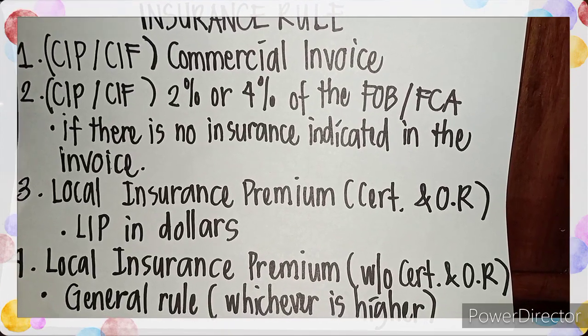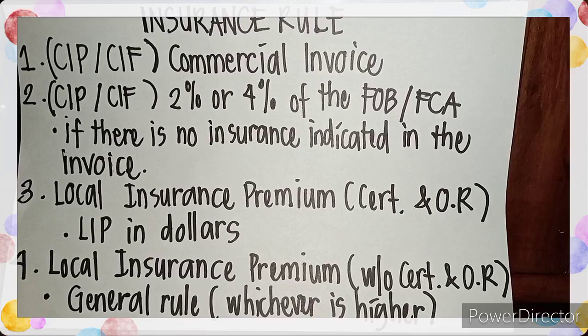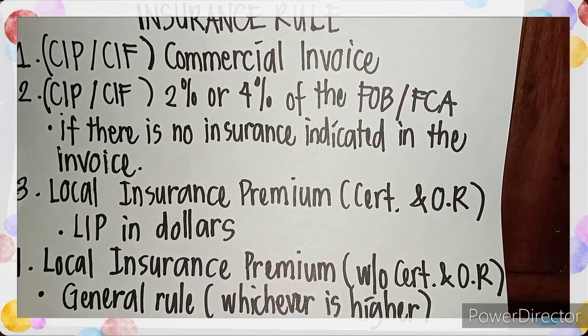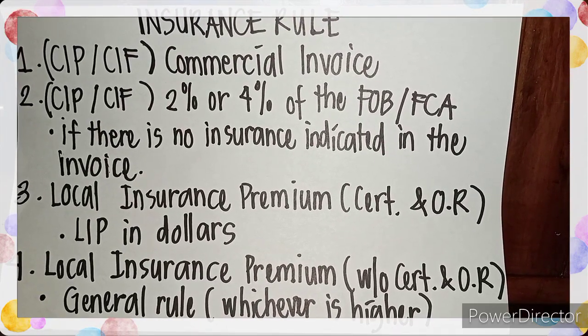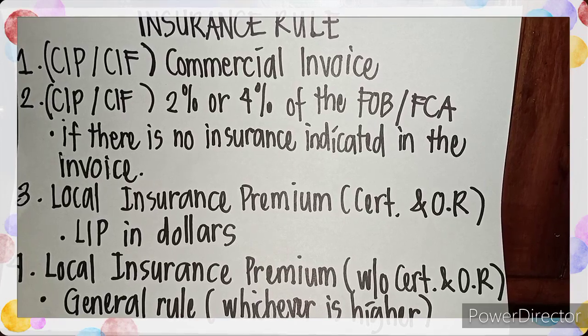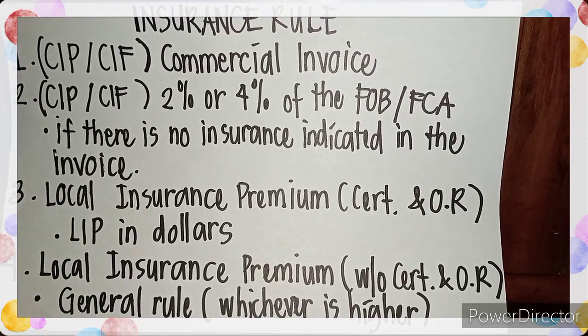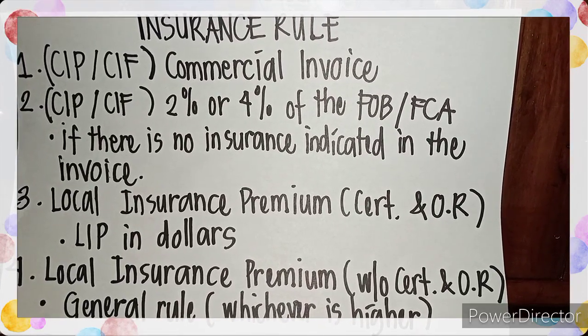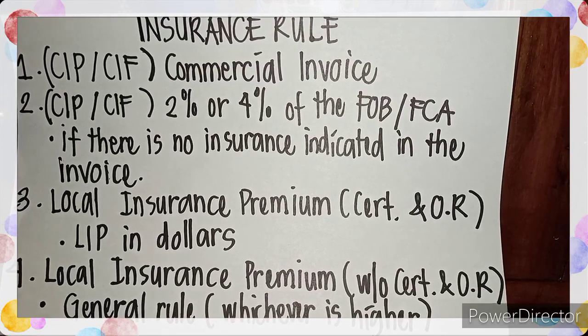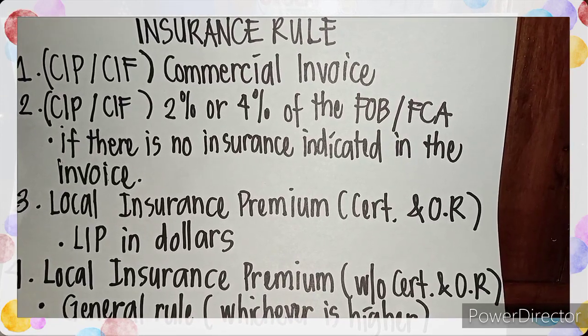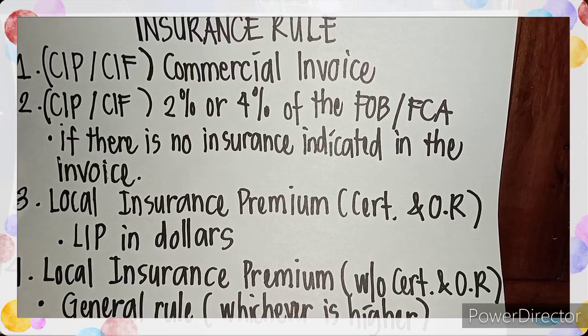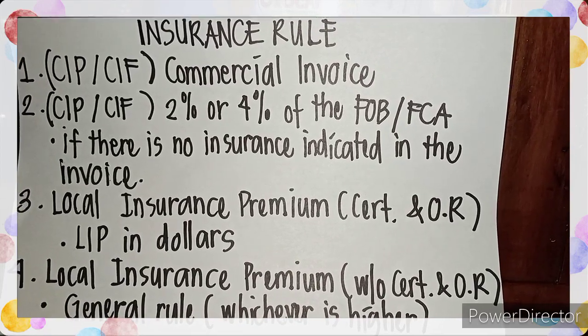Note that if there is no official receipt and certification presented for the local or domestic insurance, it is versus the 2% or 4% of FOB or FCA, whichever is higher.